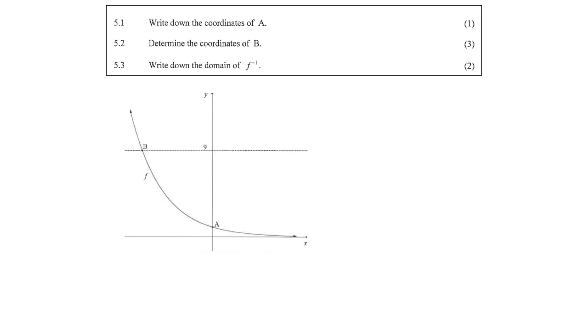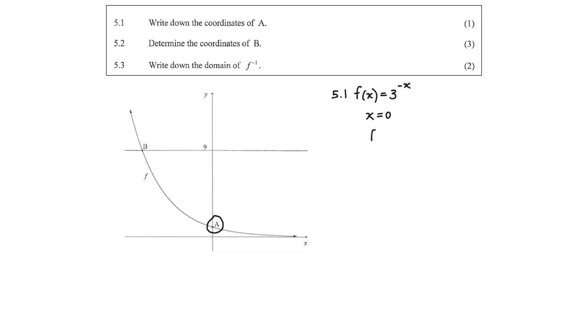Here they ask at 5.1, write down the coordinates of A. Now, first of all, you need to identify what A is of this exponential graph. As you can see, A lies on the y-axis, and that means A is the y-intercept of the graph f. And what happens at a y-intercept? At the y-intercept, x is always equal to 0.